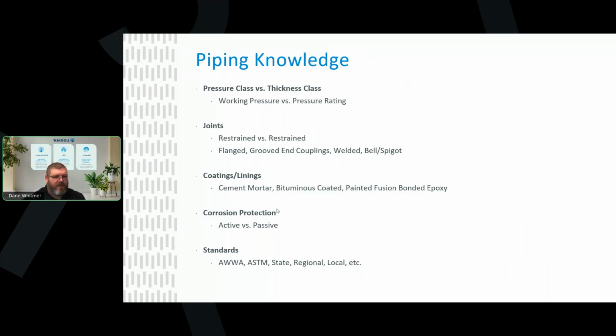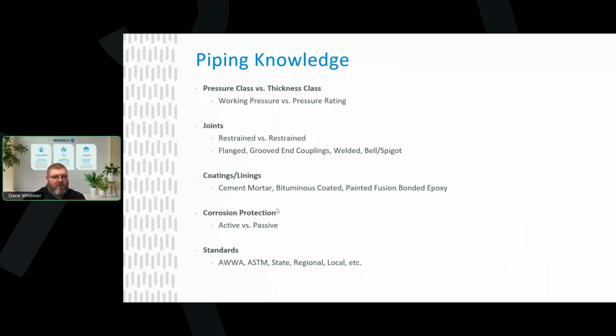Coatings, linings, how pipe is protected once it's in the ground from corrosion or other environmental impacts. And then what type of corrosion systems can be used and where to use them, and whether your piping system has corrosion protection, or what might be necessary.